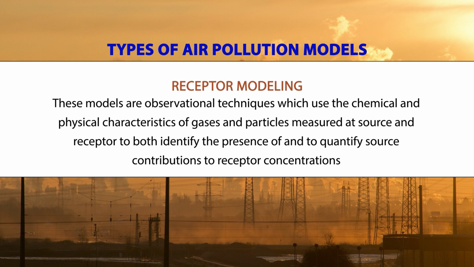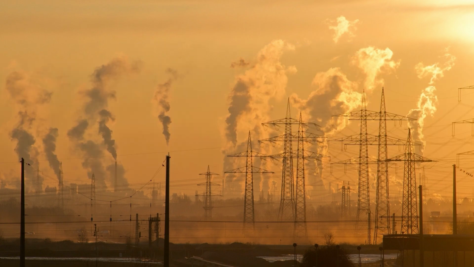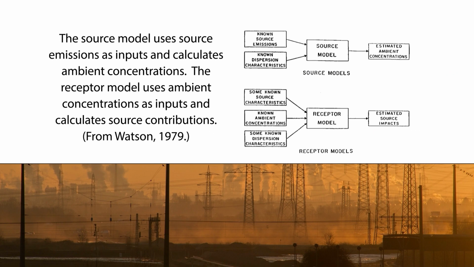In this case it's just the opposite, where the source is determined from the data obtained from ground level air quality monitoring stations. That is, based on the ambient data, we try to predict. So a source model uses the source emissions as inputs and calculates the ambient concentrations, whereas the receptor model uses the ambient concentration as inputs and calculates the source contribution. It's just the reverse, as clearly shown in the picture here.